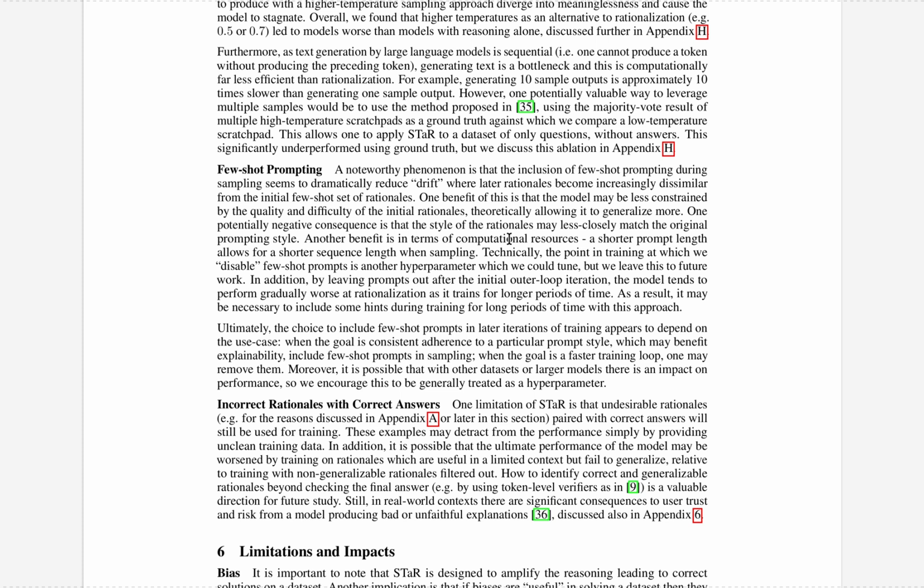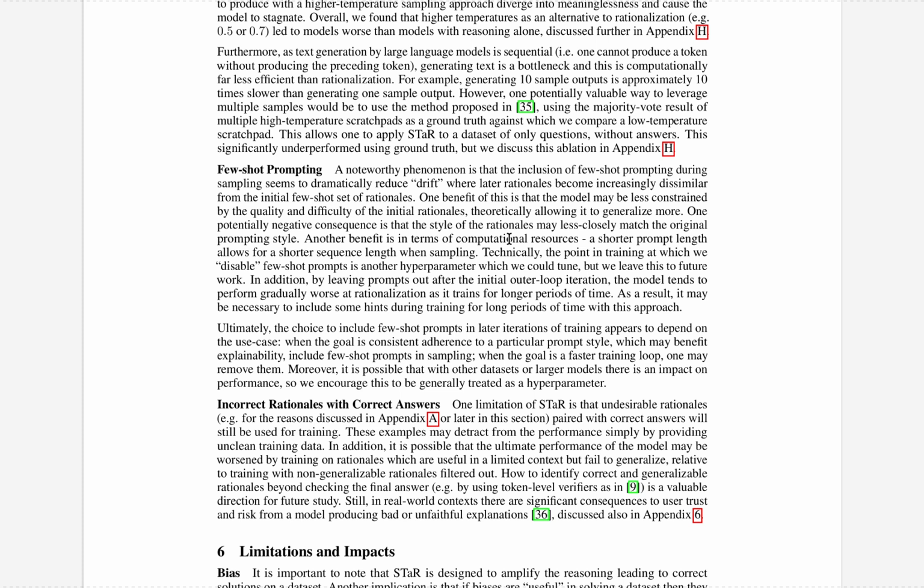In addition, by leaving prompts out after the initial outer-loop iteration, the model tends to perform gradually worse at rationalization as it trains for longer periods of time. As a result, it may be necessary to include some hints during training for long periods of time with this approach. Ultimately, the choice to include few-shot prompts in later iterations of training appears to depend on the use case.